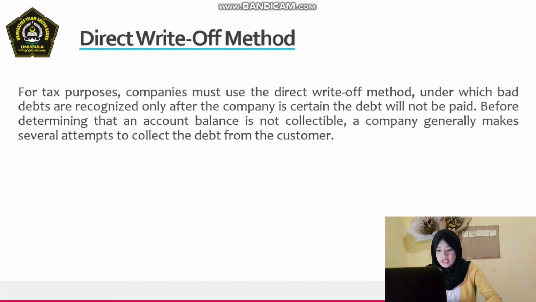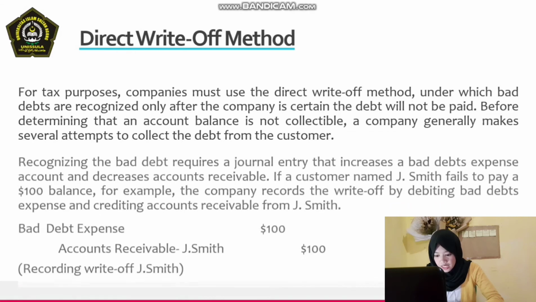First is direct write-off method. Under the direct write-off method, bad debts are recognized only after the company is certain the debt will not be paid. Before determining that an account balance is not collectible, a company generally makes several attempts to collect the debt from customers.